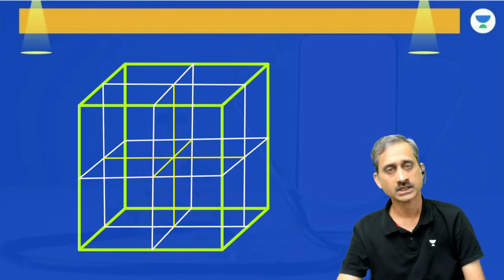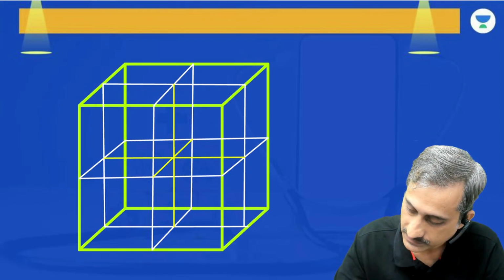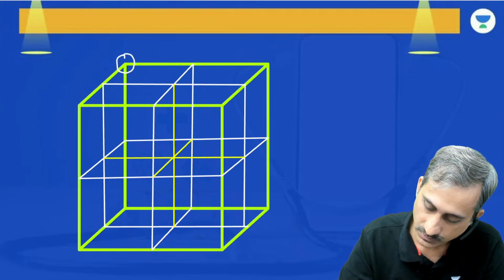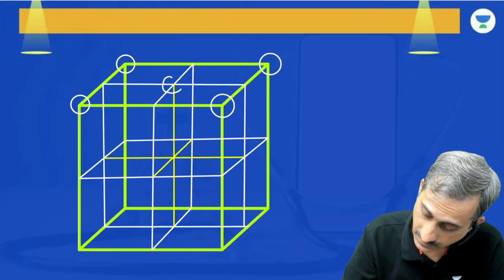Now we place the particles at the specific points. This is going to be one particle. This is another one. Here we have another one. Here, here.